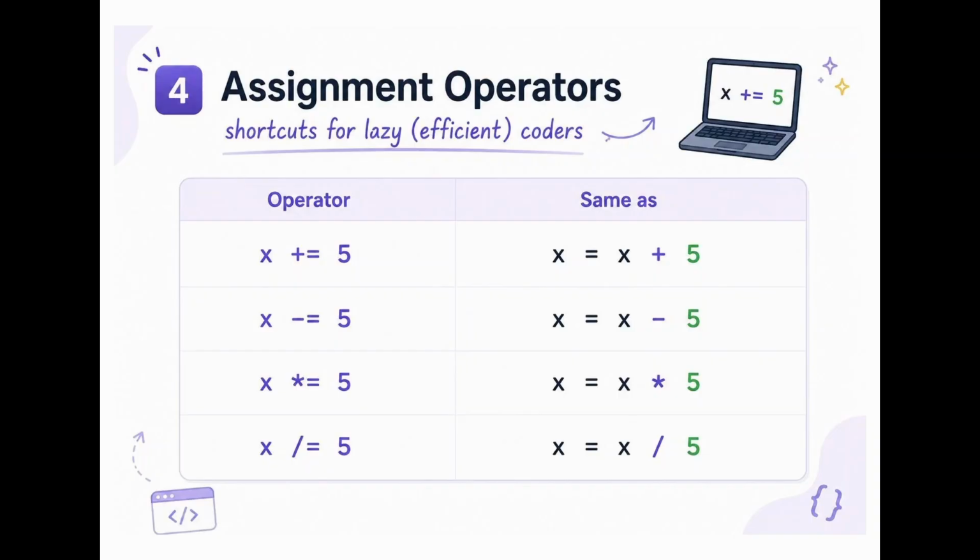Second is x minus equals 5, which is equivalent to x equals x minus 5. Third is x times equals 5, which is x equals x times 5. Fourth is x divided by equals 5, which means x equals x divided by 5. Isn't it simple? These exist purely so you don't have to type the same variable name twice.